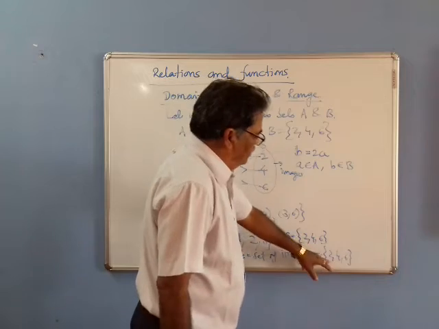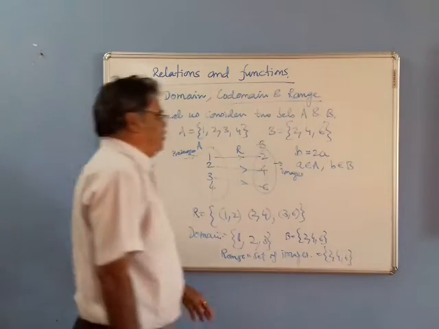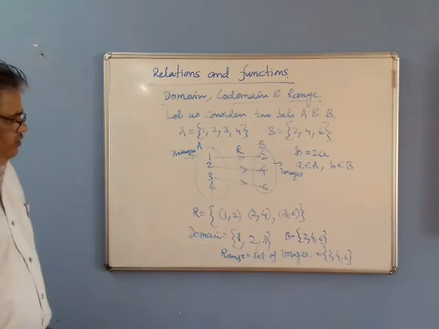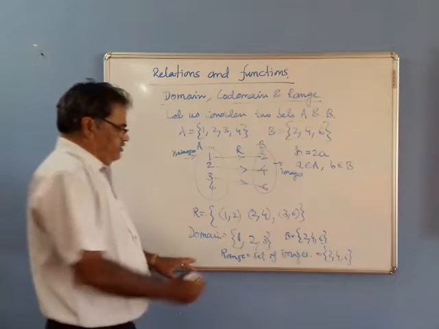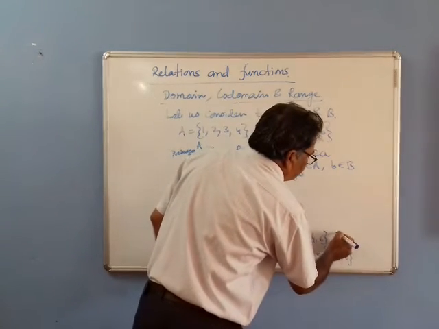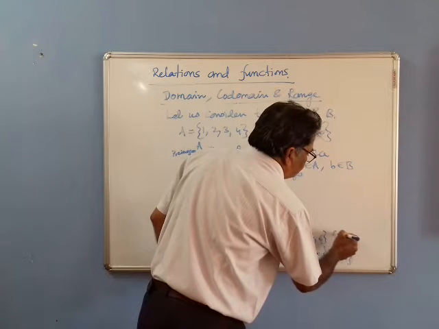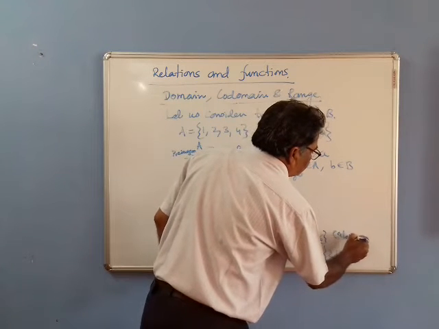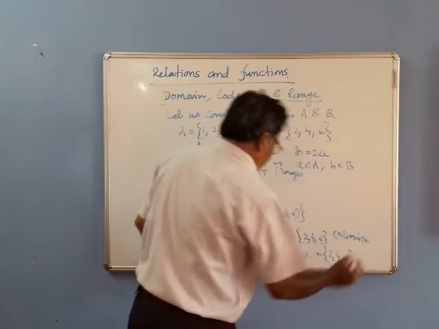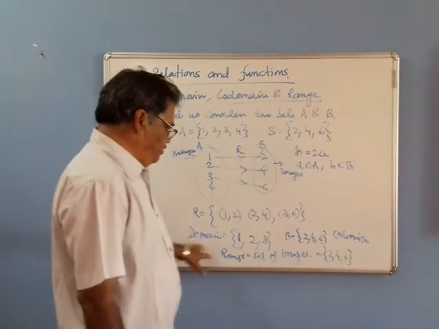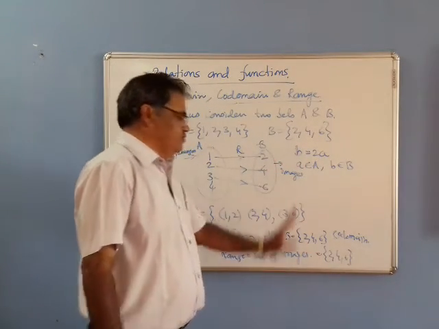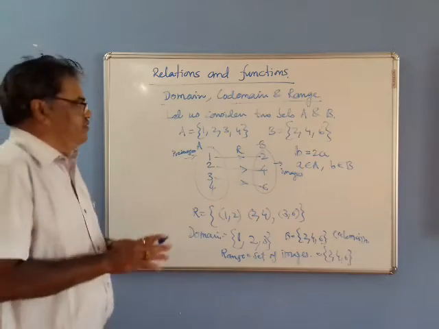Only those elements belong to the set of images. Understand? This is codomain, and this is domain. Domain, codomain and range: this is the difference between the 3 sets. Okay?